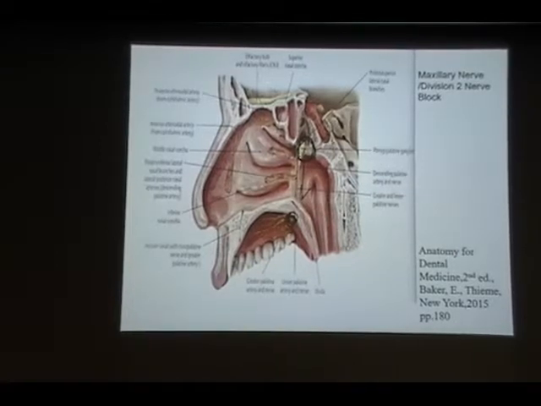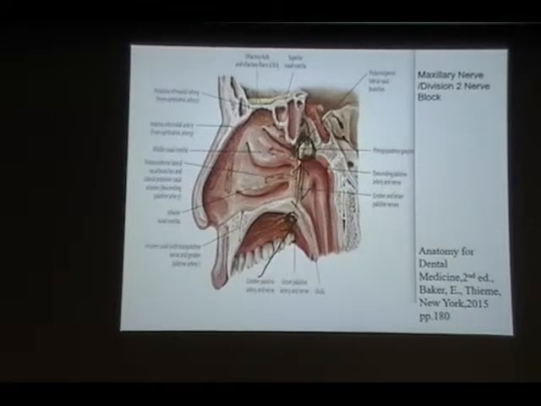So if we inject here and we take the needle and literally with a long needle, literally bury it in that opening, we can inject a bolus of anesthetic into the pterygopalatine fossa. Now there's pluses and minuses. The pluses here is that we can anesthetize every branch of the maxillary division with a single injection site.